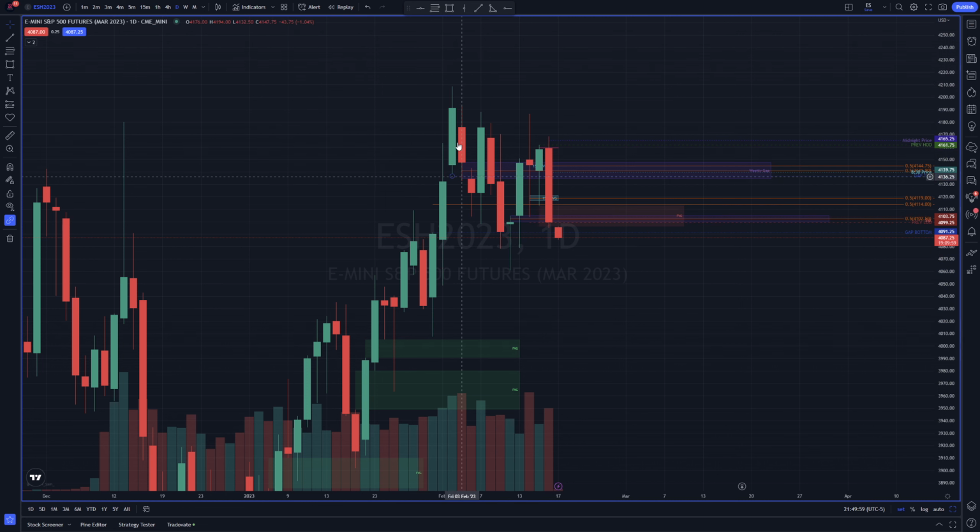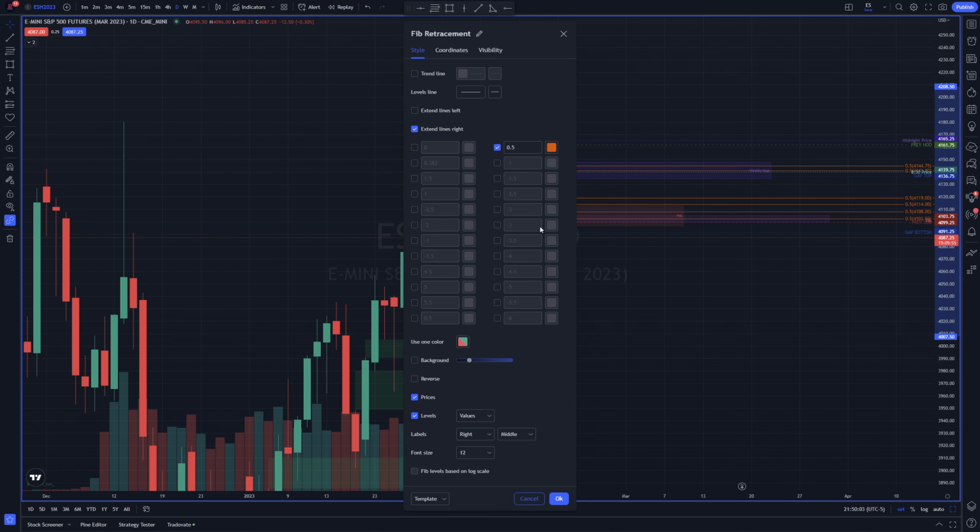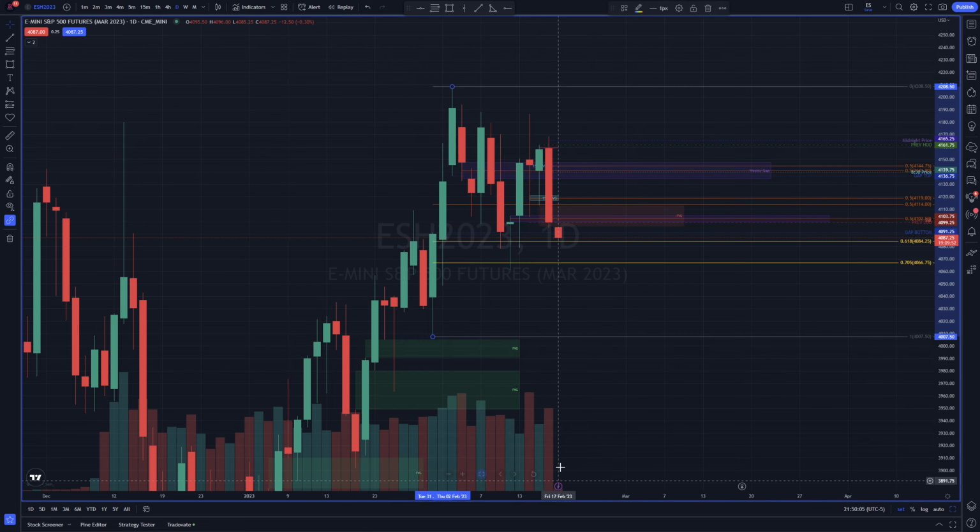But I do want to show you what the golden fib does show here. After this push up, the golden fib from that was something I had my eye out for, for a retracement down there.